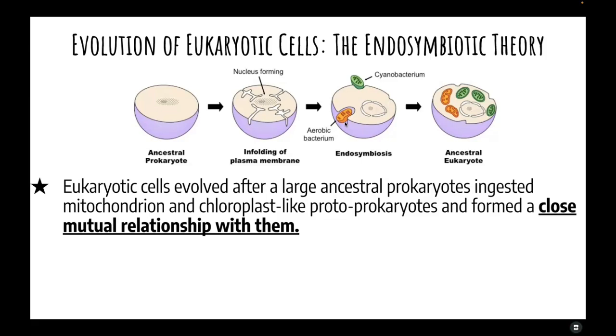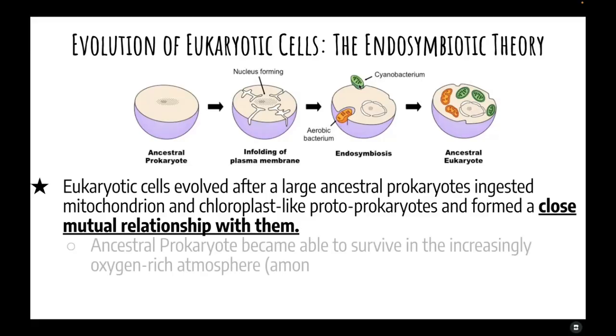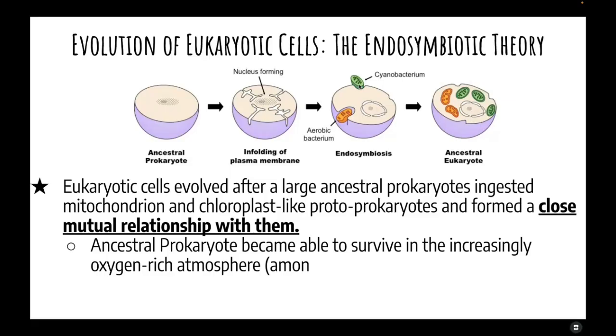And so later on, some cells also engulfed the photosynthetic prokaryotes that became chloroplasts. All right, so you can see this is the mitochondria, and the chloroplast is right here. I know this is the chloroplast because chloroplasts are green, right? And so this eventually became a partnership. And so eukaryotic cells evolved after ancestral prokaryotes ingested the mitochondria and chloroplasts.